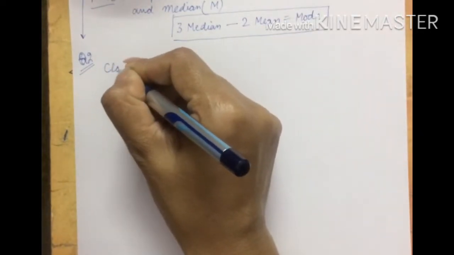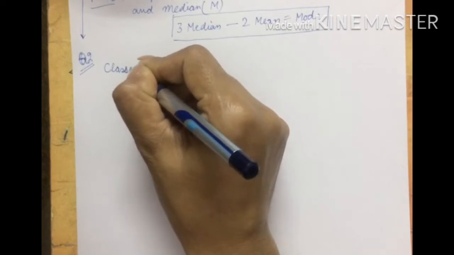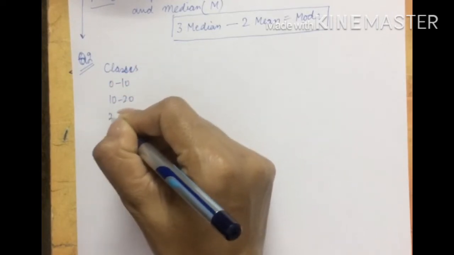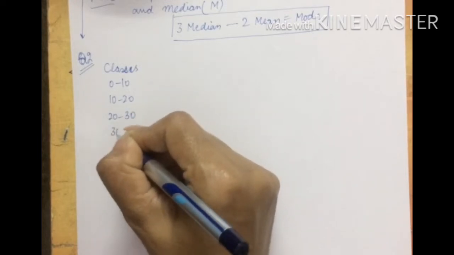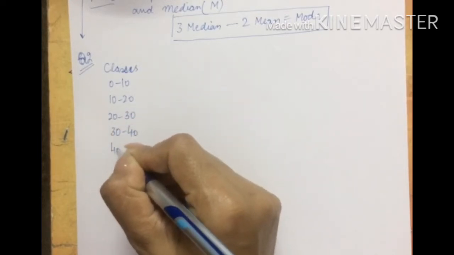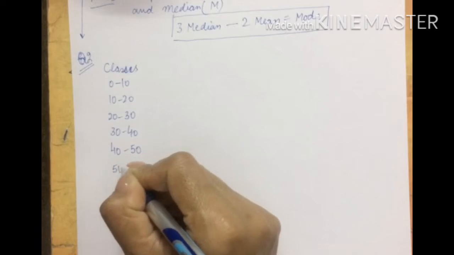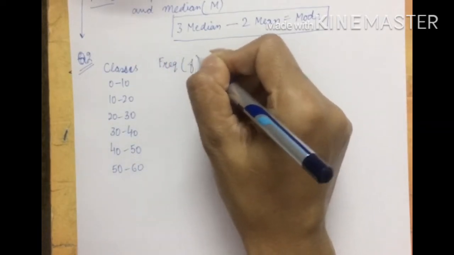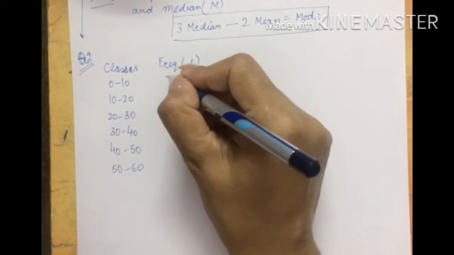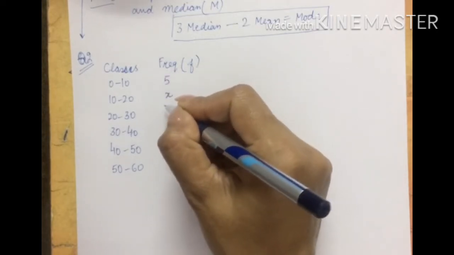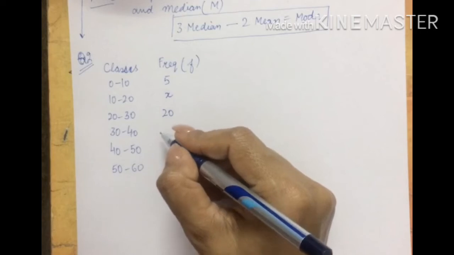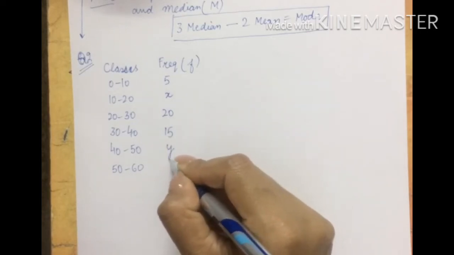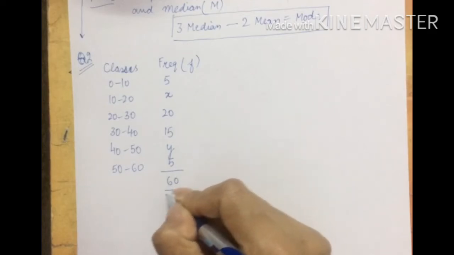The classes are 0 to 10, 10 to 20, 20 to 30, 30 to 40, 40 to 50, 50 to 60, and then frequencies which are represented by f are given as 5, x, 20, 15, y and 5, and the total is given as 60.